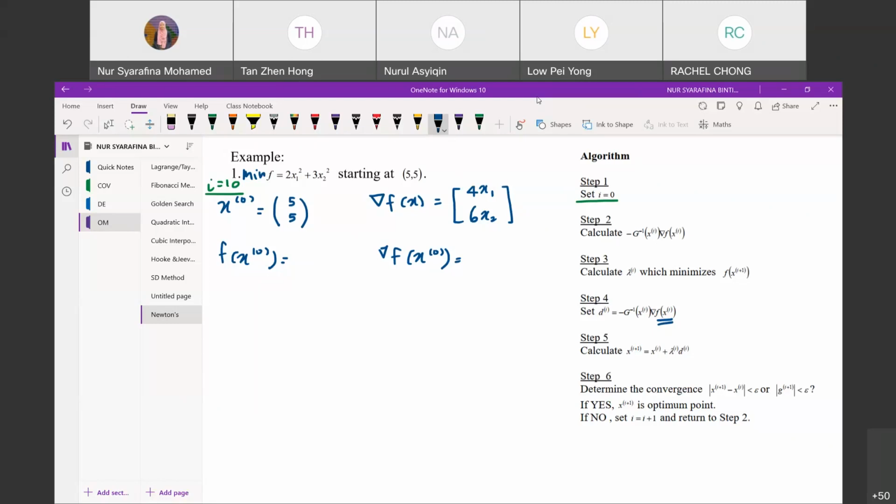What should you get? 125, right? Then the derivative of f at x naught: substitute x naught into your derivative function. So you should get 20, 30.